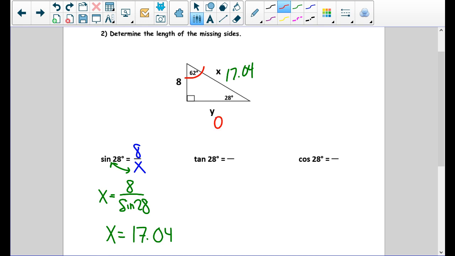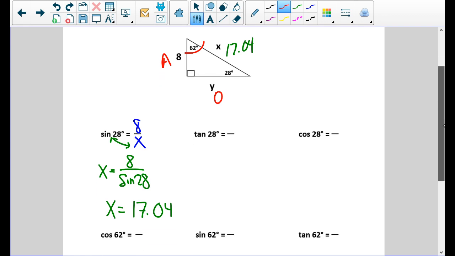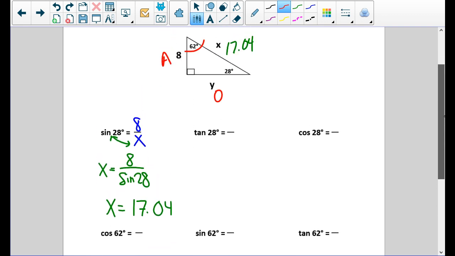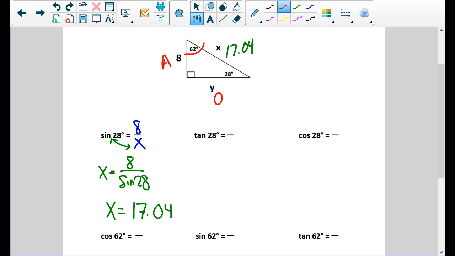And again, if I don't have to use a rounded number, let's not. What's the other number we know? 8, which is going to be what on this triangle? Adjacent or hypotenuse? The adjacent side. So what uses O and A? Sine, cosine, or tangent? Tangent. So tangent 62, opposite is what? Y. Adjacent is 8.